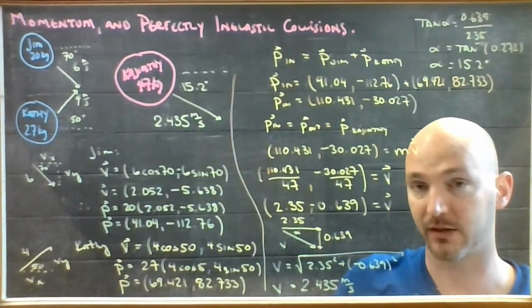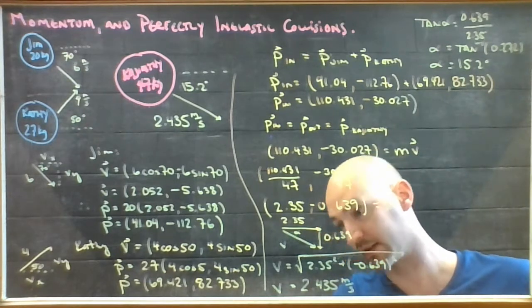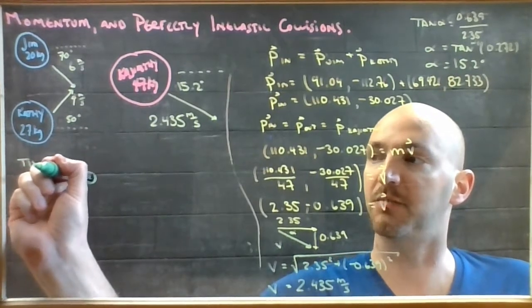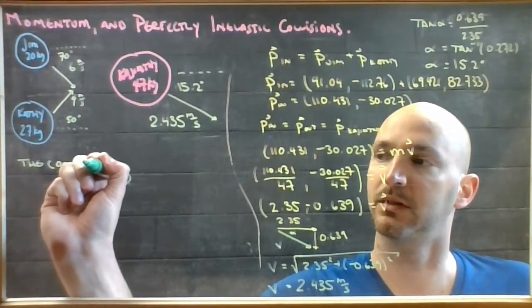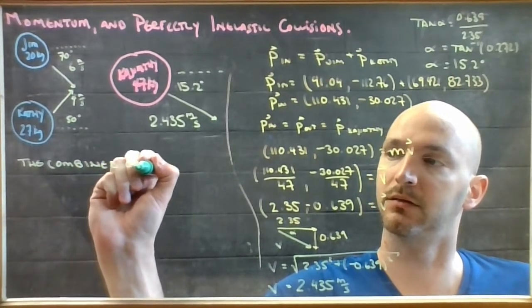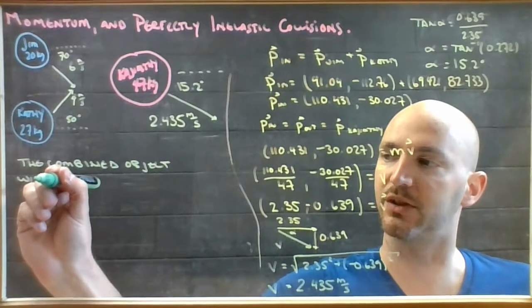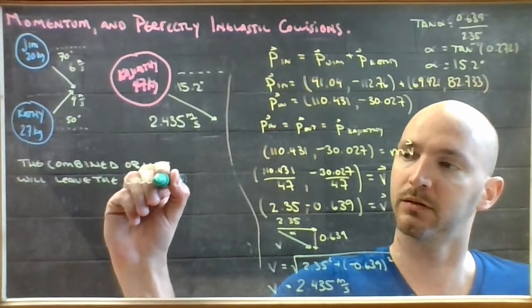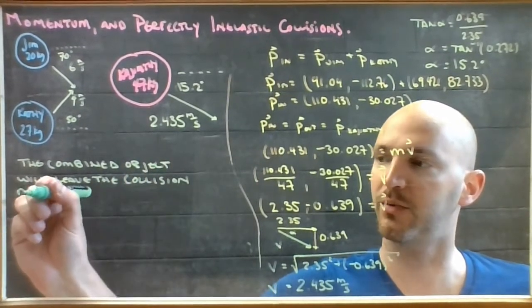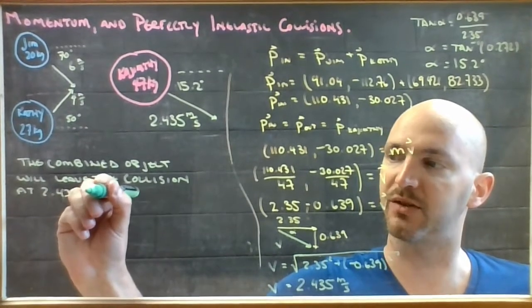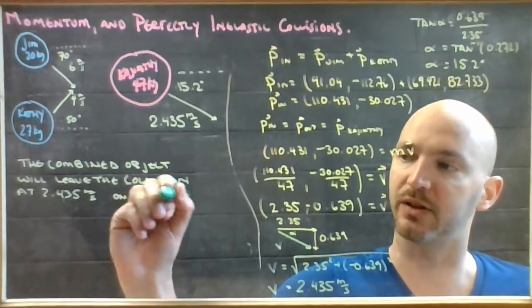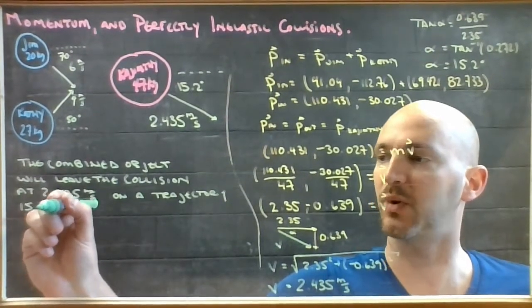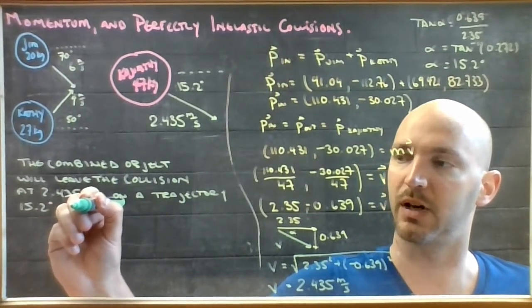So if I erase all of this math so that I can summarize our results in a sentence, what we've discovered is that the combined object will leave the collision at 2.435 meters per second on a trajectory 15.2 degrees clockwise.